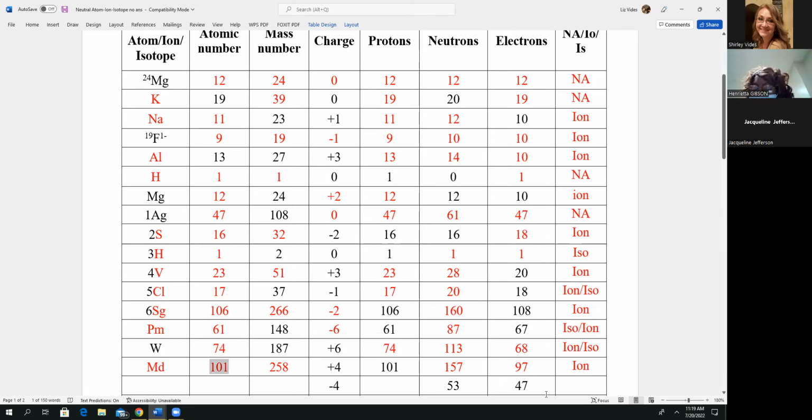All right, so the last one, we have the number of neutrons, we have the charge, and we have the electrons. So we've gained 4 to get 47. So originally this had to be 43.